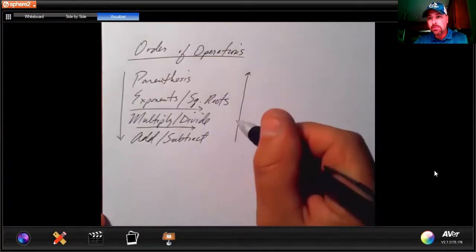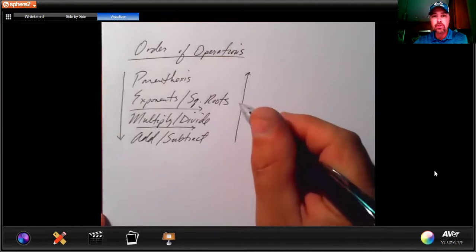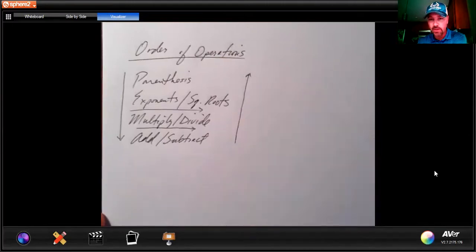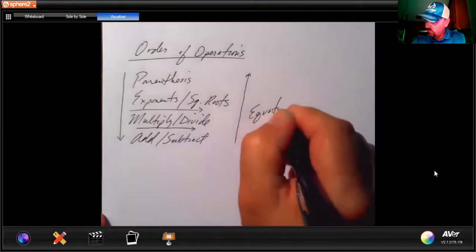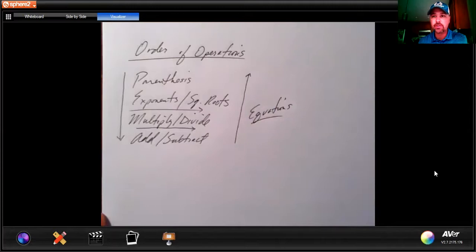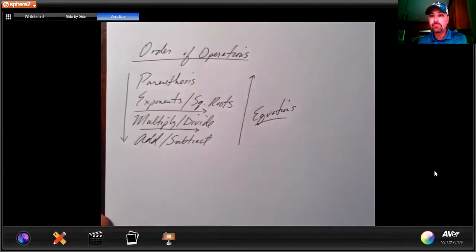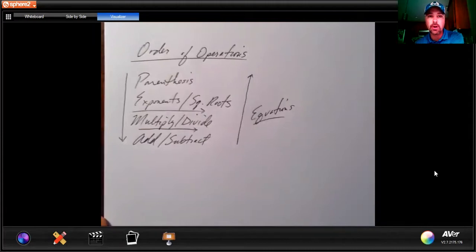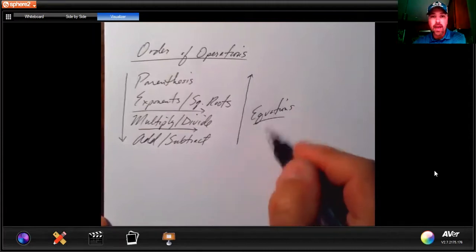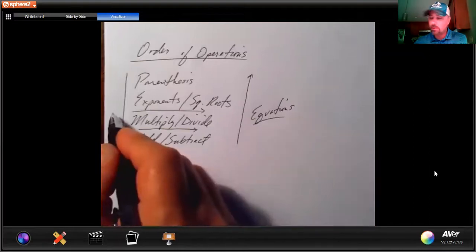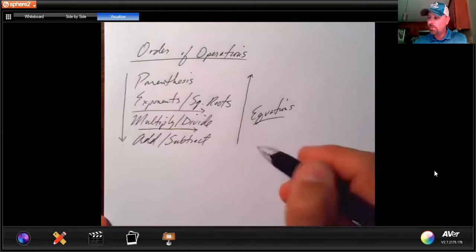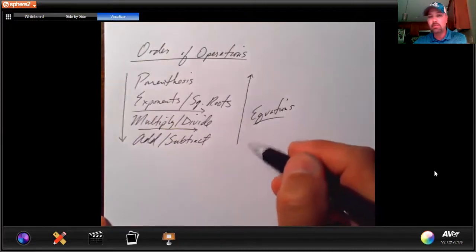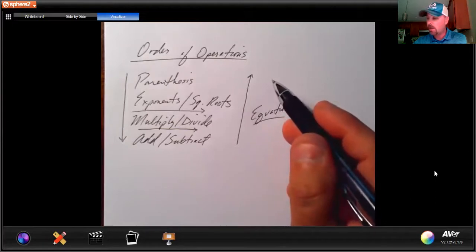Then you would undo any multiplication or division, so on and so forth, okay? So if you know the order of operations, then you can use that knowledge to undo these equations in the proper order, okay? Going backwards. This is just a multi-operational problem. You start here and you move down. For a multi-step equation, you start here and move up, okay?